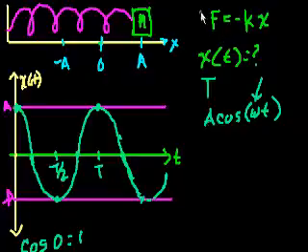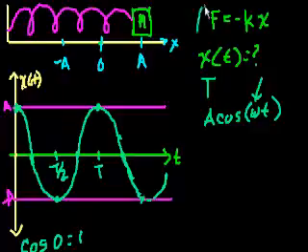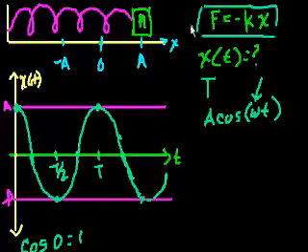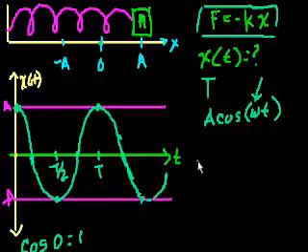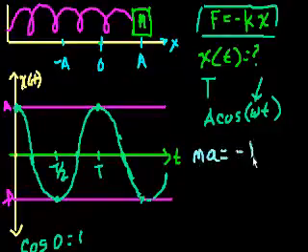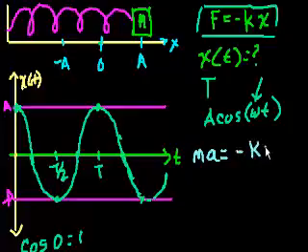So let's rewrite this seemingly simple equation in ways that we know. What's the definition of force? Force is mass times acceleration, right? So we can rewrite Hooke's law as: mass times acceleration is equal to minus the spring constant times the position, right?